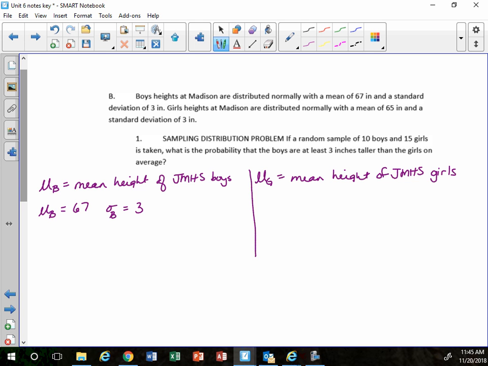And then do we know our sample size for boys? All right, then we should have all that same information, but for girls. So the average was 65 inches. Our standard deviation for girls was also 3, but our sample size for girls was, what, 15?